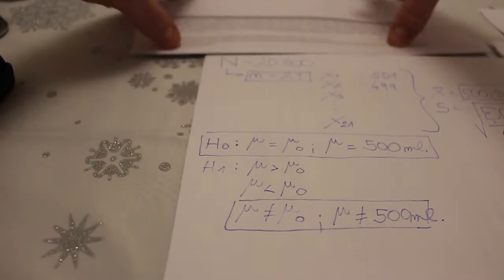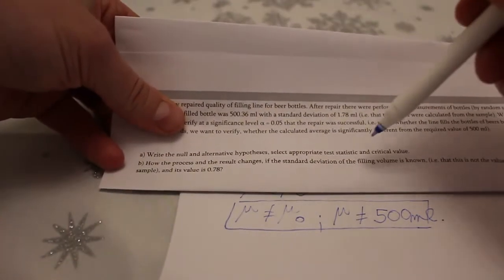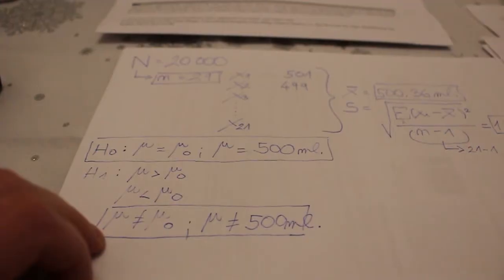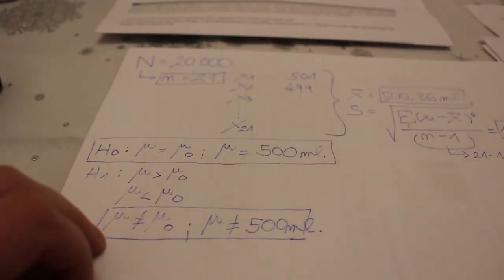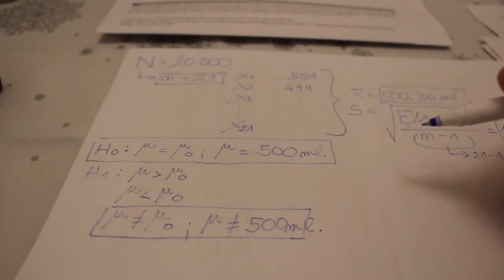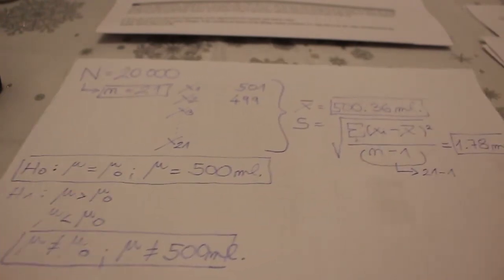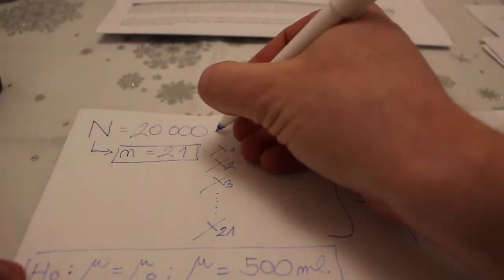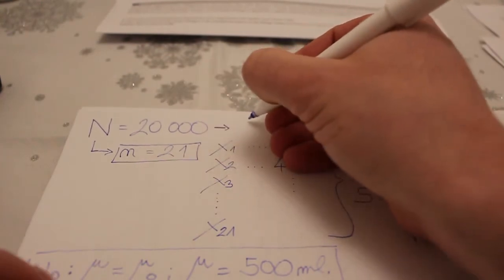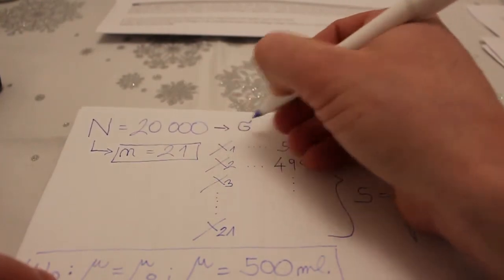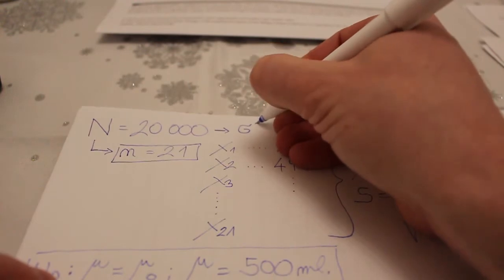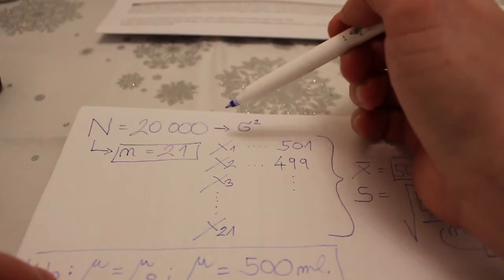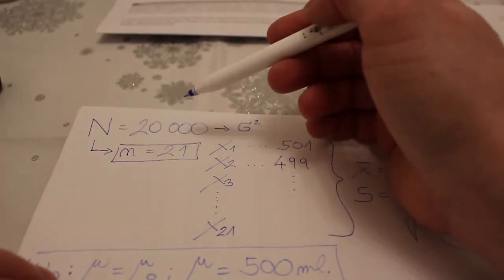And now we must select the appropriate test statistic and critical value. I must use formulas and find the appropriate test criterion. What is important here? I don't know the variance or standard deviation connected with the population of these bottles.